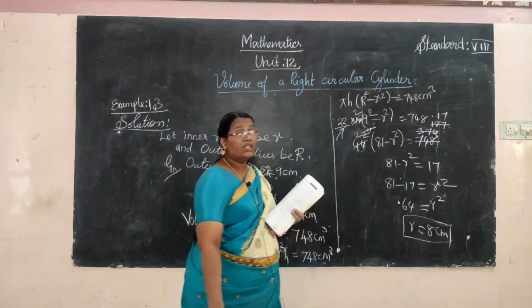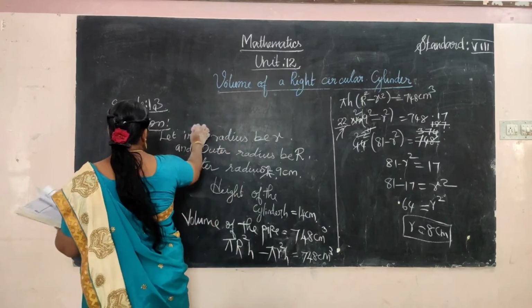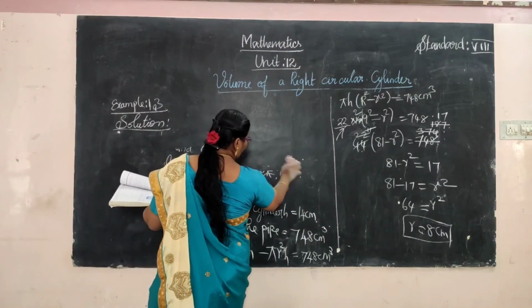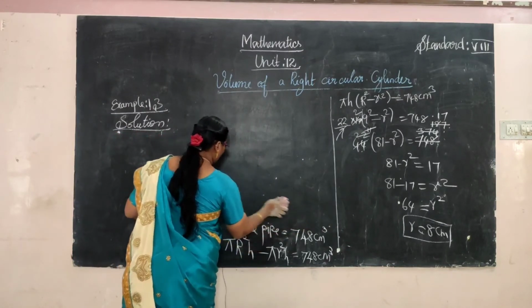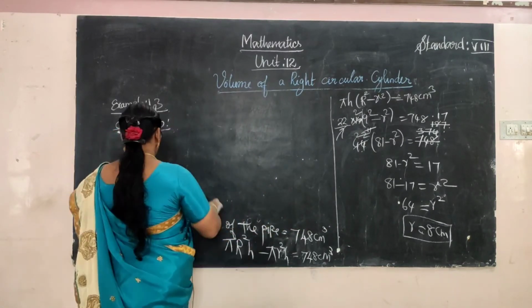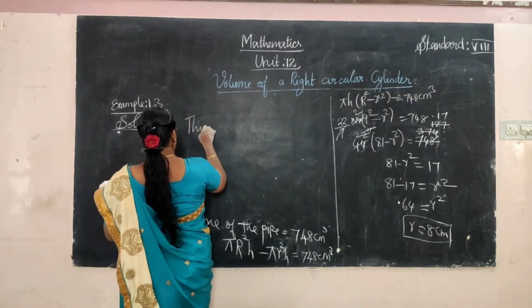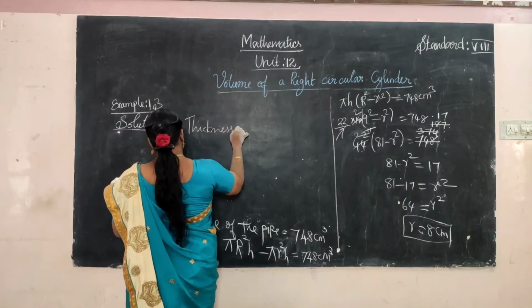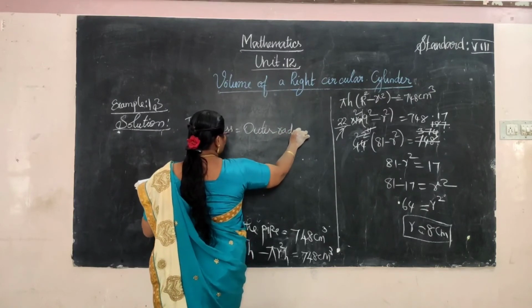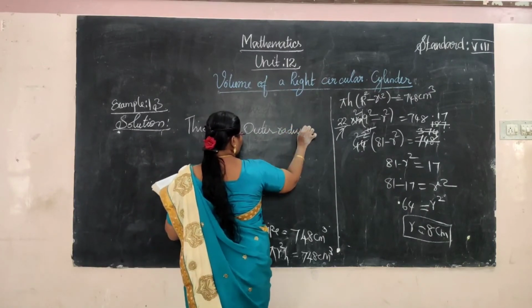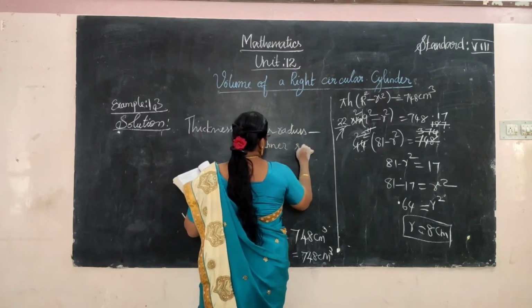Now we have to find out the thickness. Thickness is equal to outer radius minus inner radius.